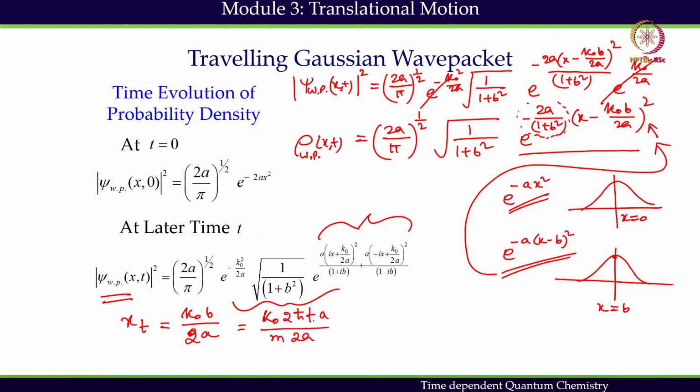So, in the end, the center of the Gaussian is t dependent, and I get k naught h cut t divided by m.